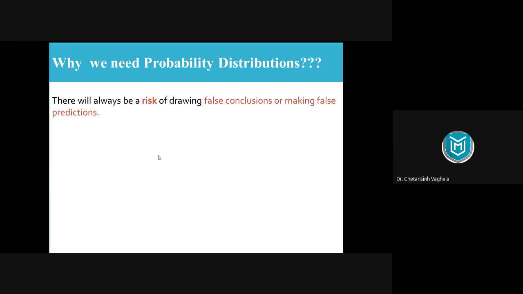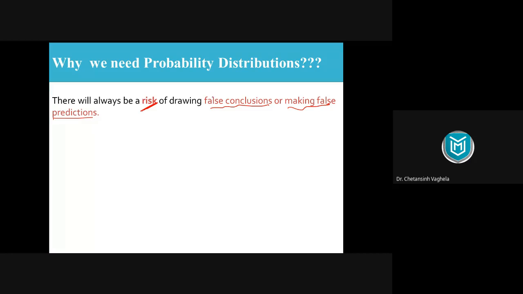But I need to talk about the risk also. When we are dealing with the sample, there is always a risk. There will always be a risk of drawing a false conclusion or making false prediction. जब हम sample के साथ बात कर रहे हैं, तो there is always a risk. अगर मैंने sample ही गलत choose किया हुआ है, तो उस sample के माध्यम से मैं जो conclude करने वाला for entire population, surely that will be false. वो गलत होगा.